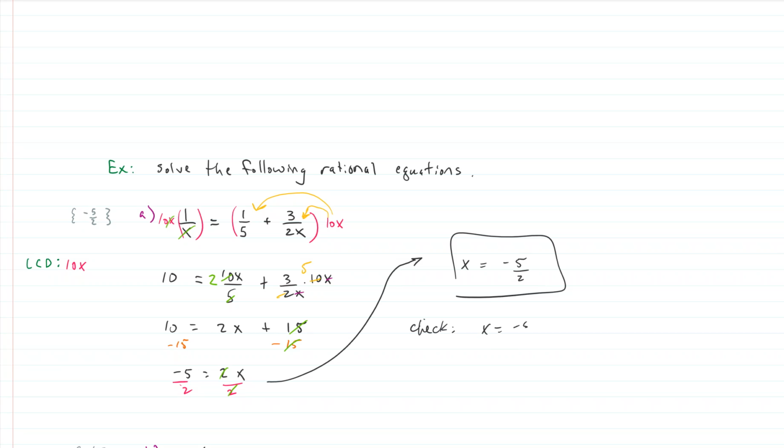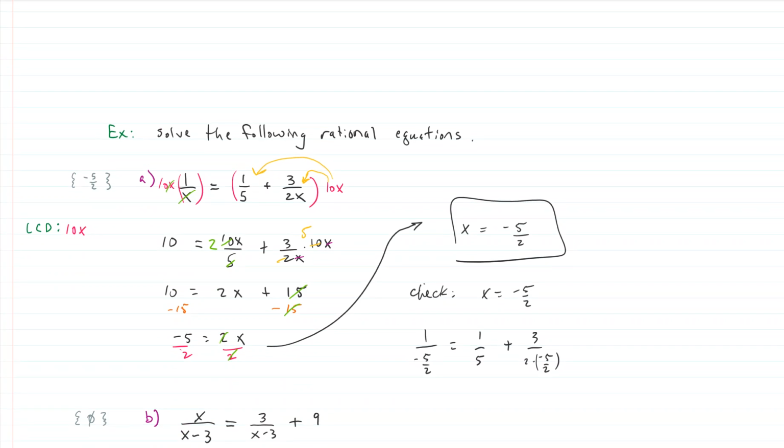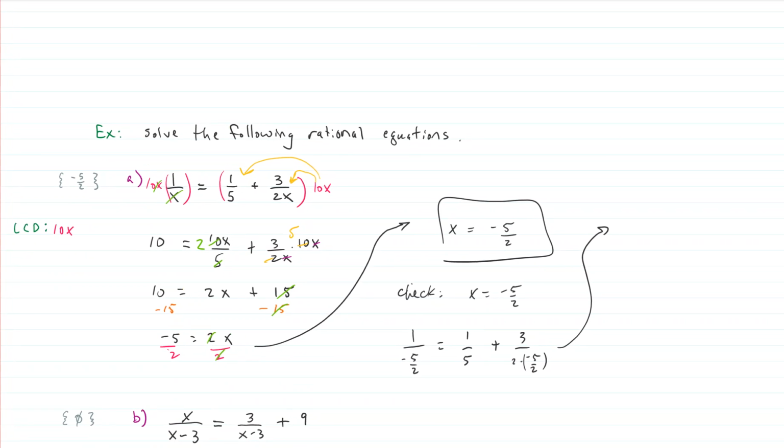Let's check x equals -5/2, and we'll plug it into the original problem. So the original problem was 1/x, and x is -5/2, equals 1/5 plus 3/2 times -5/2. Now we do some simplification here. The 1 over -5/2, we flip that and multiply, so we get -2/5.